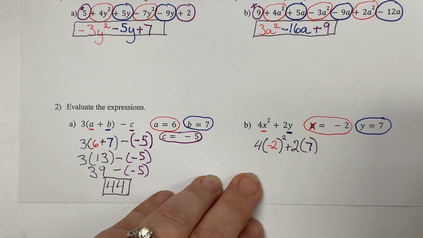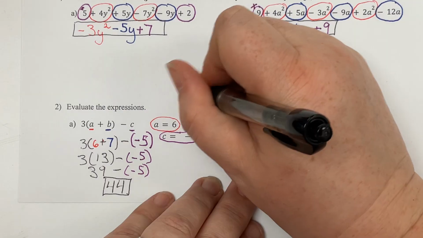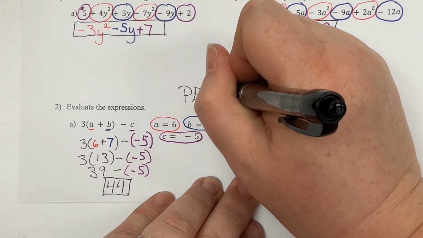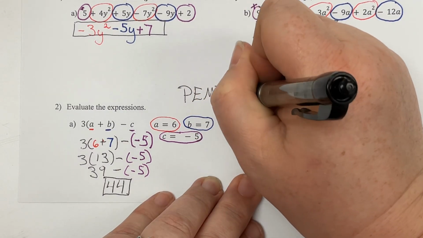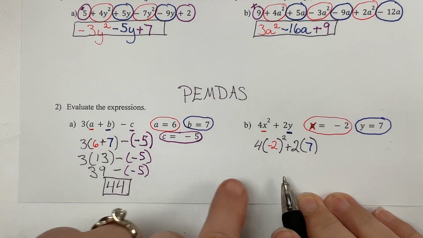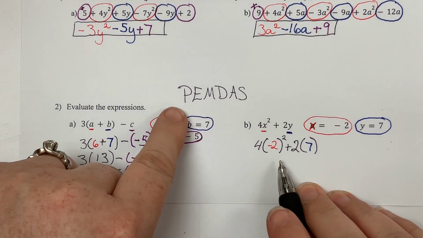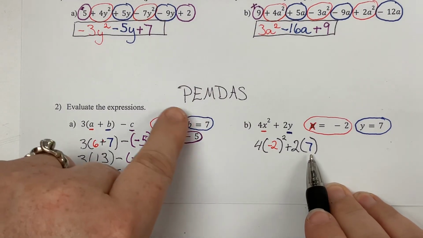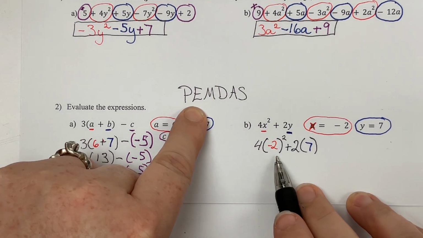PEMDAS. I should write that down, just so I do stuff in the right order. Over there I dealt with parentheses first. Here I don't have any. Well, I have parentheses, but there's no signs in them. So next is exponents.